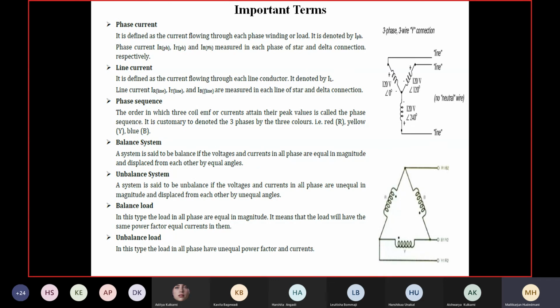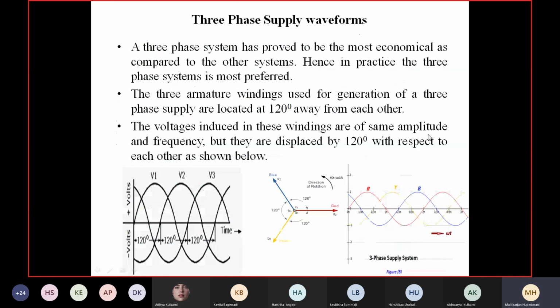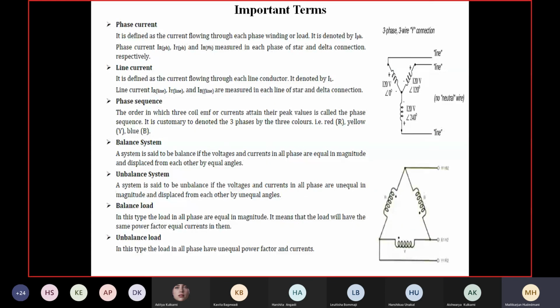So, in the case of star connection, line to line voltage and line to common point voltage are not the same. They are different. Line to line voltage and phase voltages are not the same in star connection. But in delta connection, between R and Y, it is called the line to line voltage, which is the same as the voltage read by this branch. This is across these points. I would say phase voltage and line voltage are one and the same in delta.